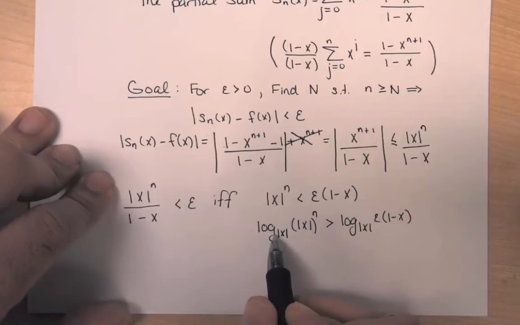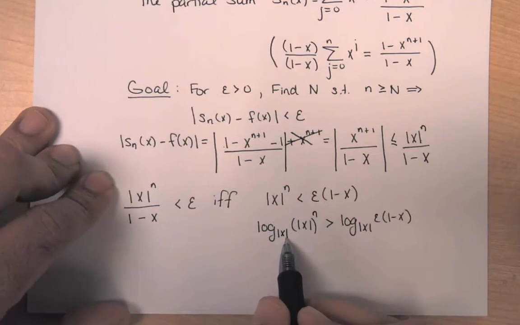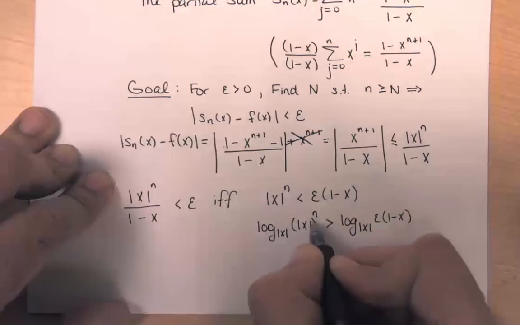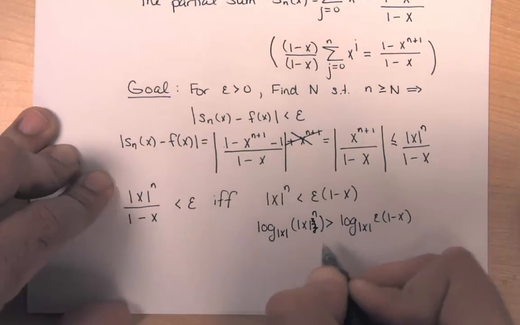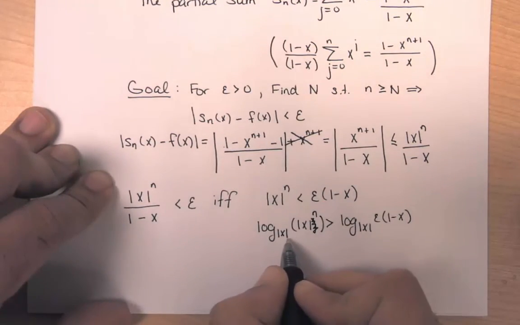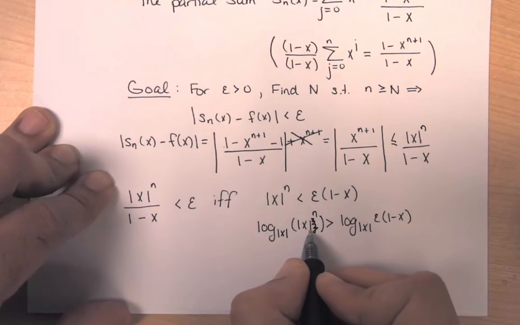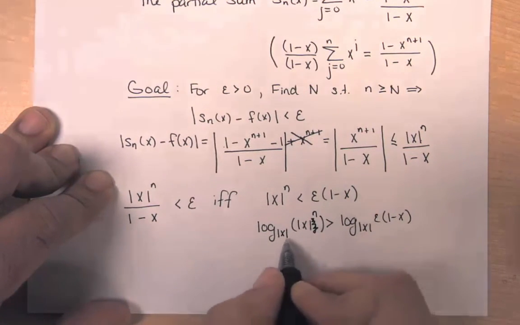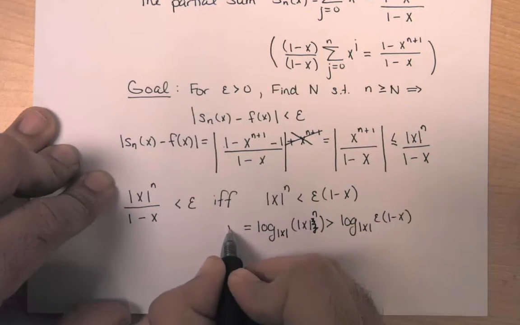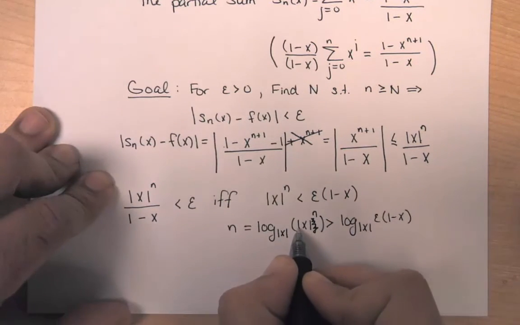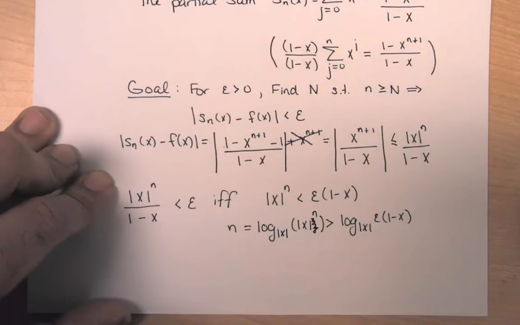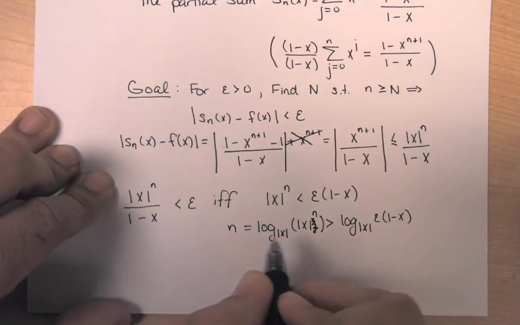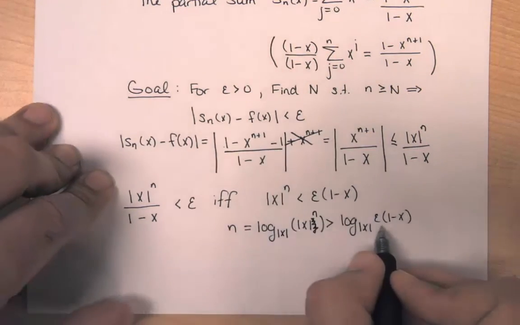Now remember, log base absolute value of x, that parentheses needs to be here, asks: the absolute value of x to what power equals the absolute value of x to the n? Well, the absolute value of x to the n equals the absolute value of x to the n.